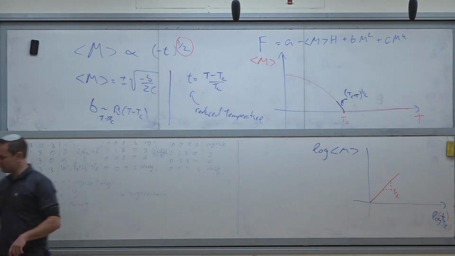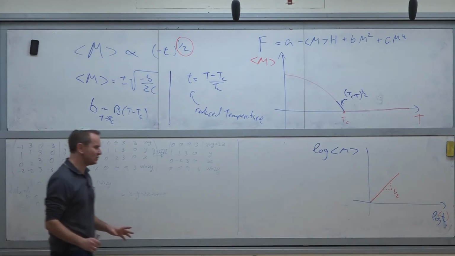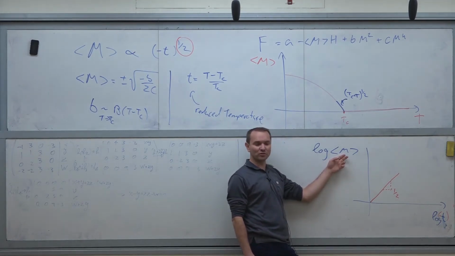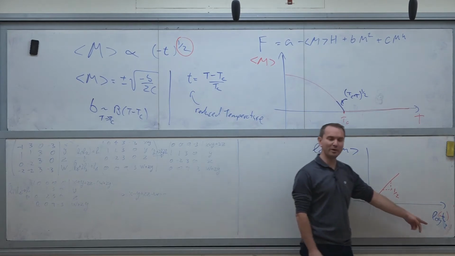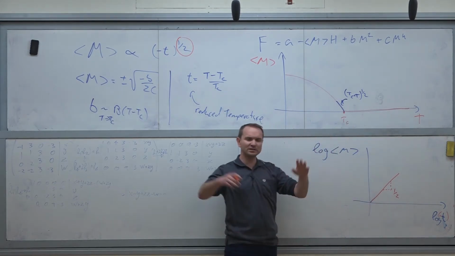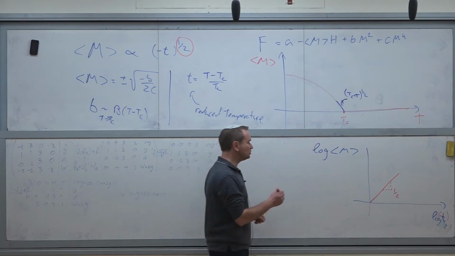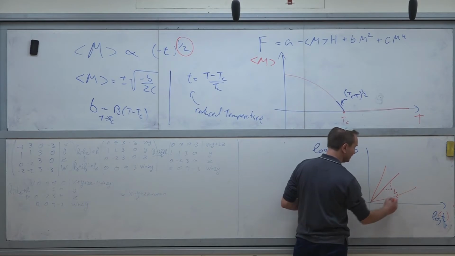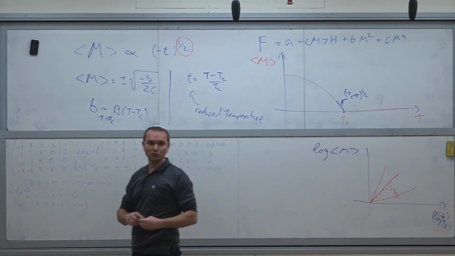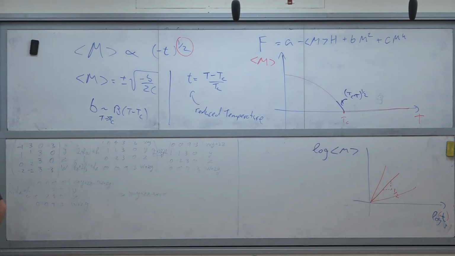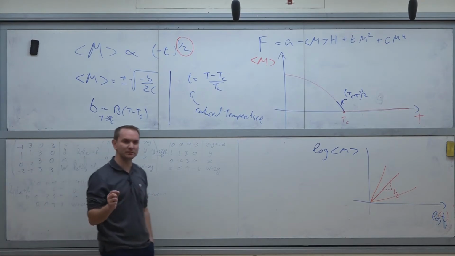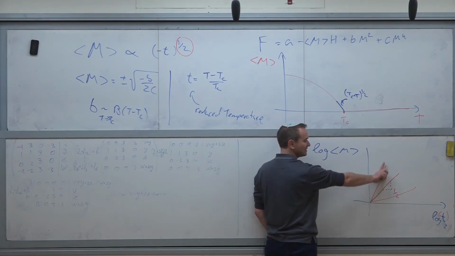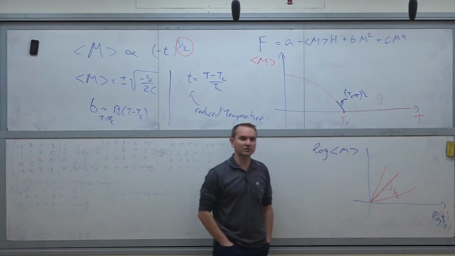Now, what is actually observed in nature, if we plot the logarithm of m or some other order parameter as a function of minus the reduced temperature, is that we cannot see any line that we like. We will usually observe only a small number of possible lines, 1, 2, 3, or 4. What is most interesting is that different systems follow exactly the same behavior in the vicinity of the critical temperature.